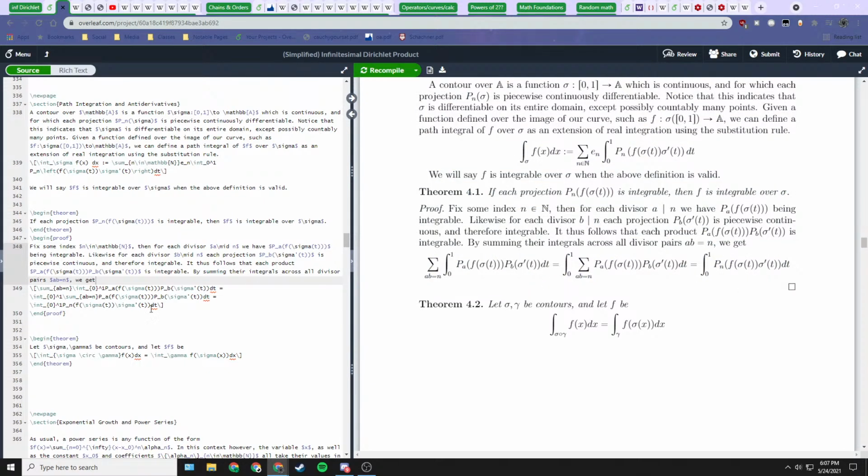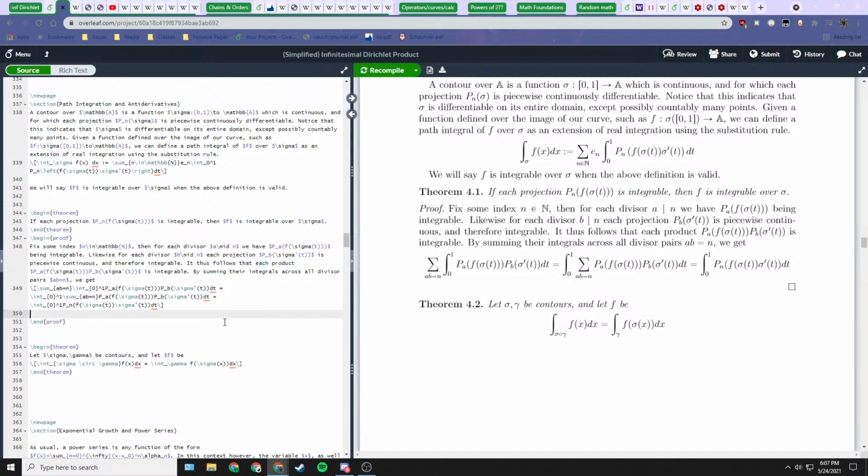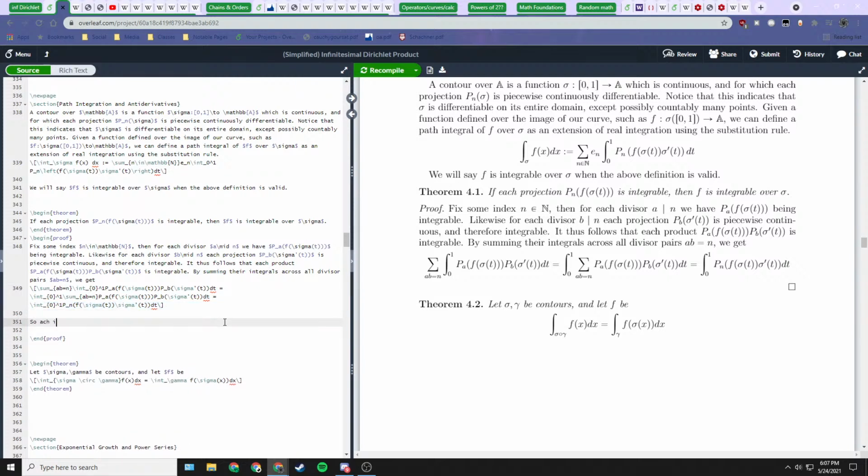But then this just means each of these integrals is defined.